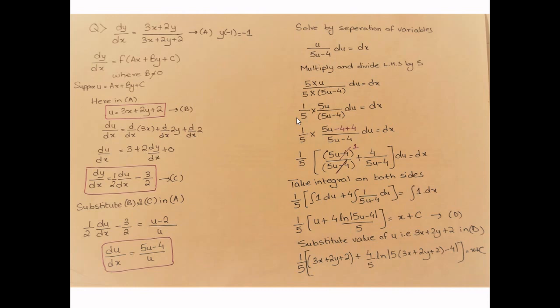Because, as you can see, y of minus 1 is equal to minus 1 is given to us. This means that when you put the value x is equal to minus 1 into this function, you will get y is equal to minus 1. So this means that x is equal to minus 1 and y is equal to minus 1.